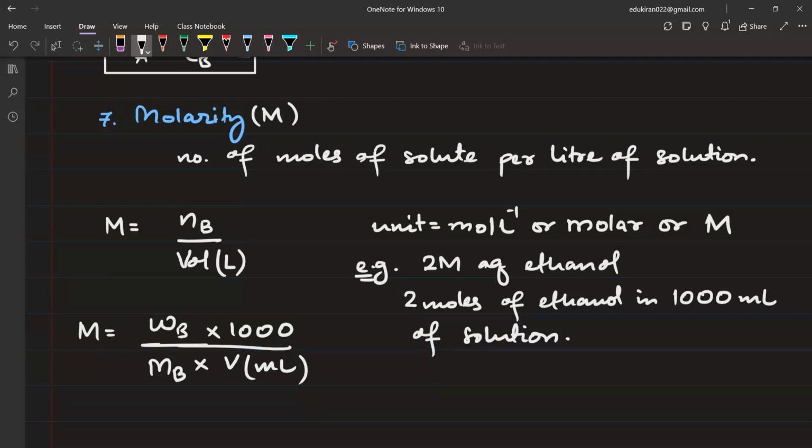Now we are going to look at a question. There is a very good question in NCERT. Whenever you want to revise concentration terms, I suggest all my students to do this question. Okay, write this down and we'll see that question.